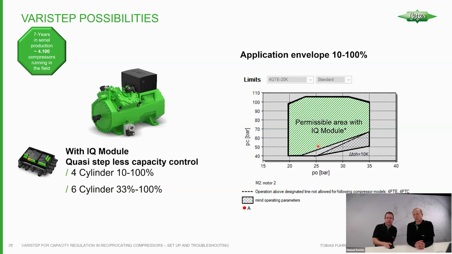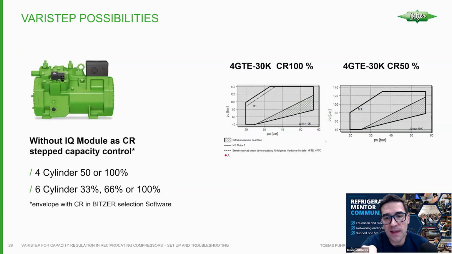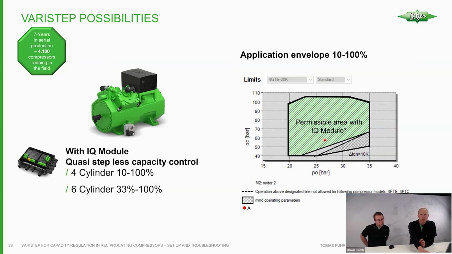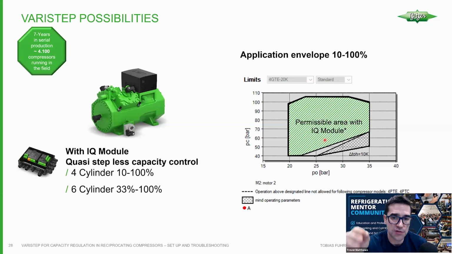If you run in that area, it might be that after some time the IQ module will start to increase the speed. And on there it says you need a 10K. So in the gray area, that's not green, that says you need a 10K, or 18 Fahrenheit superheat at the suction, right?